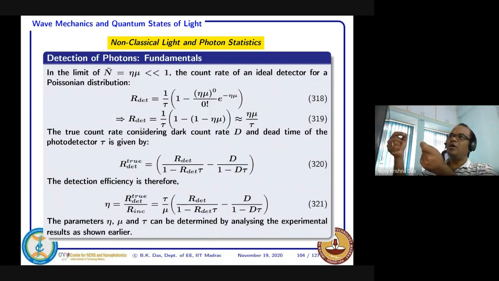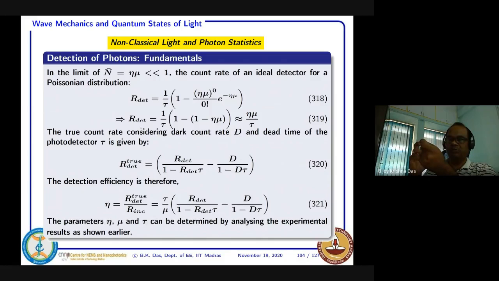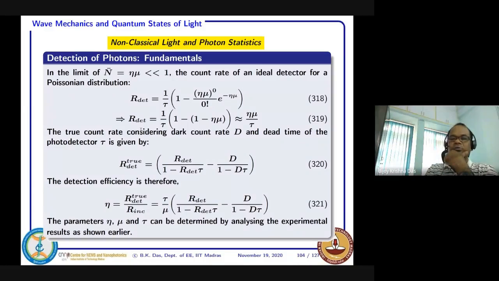Instead, an avalanche process happens and a pulse of electrons is produced, and that current pulse you are measuring. One photon gives one output pulse, and one pulse of current is one count. That count is obviously proportional to your mu, the average photons coming within that time slot.